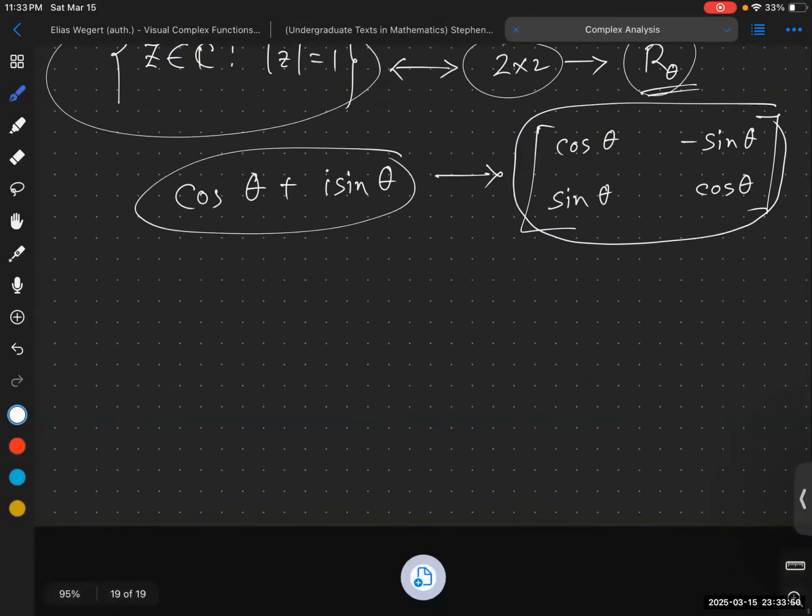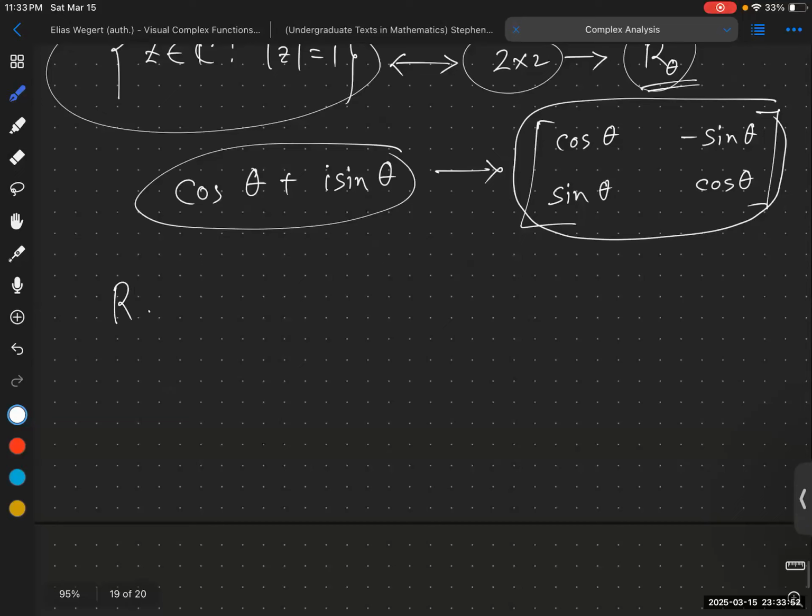More explicitly, if we break it down more, r theta is equal to the matrix cos theta, minus sin theta, sin theta, cos theta.